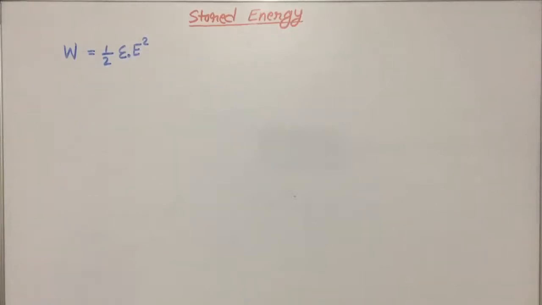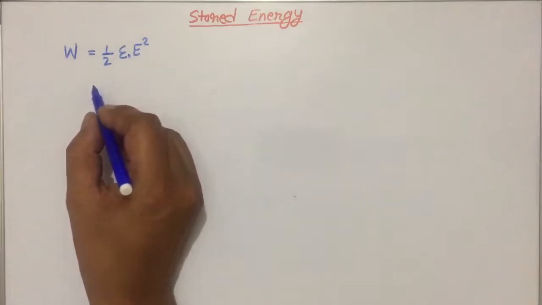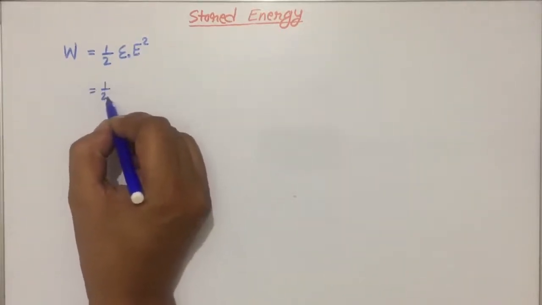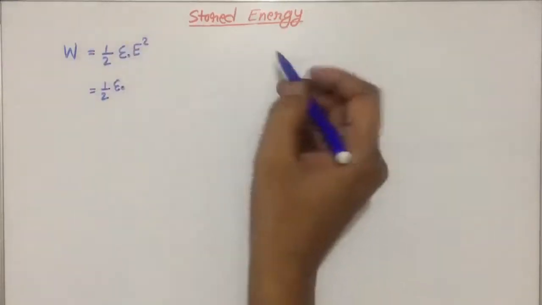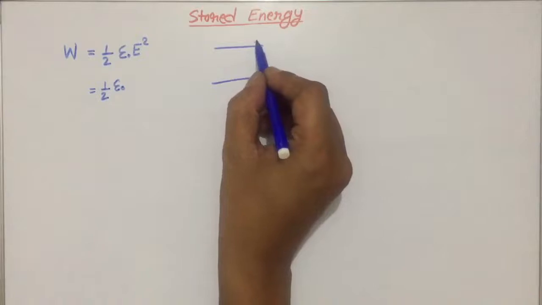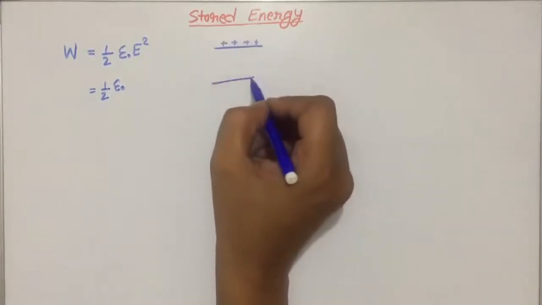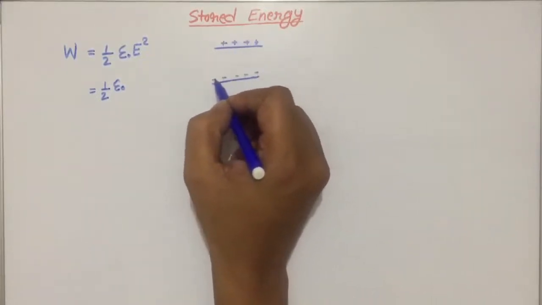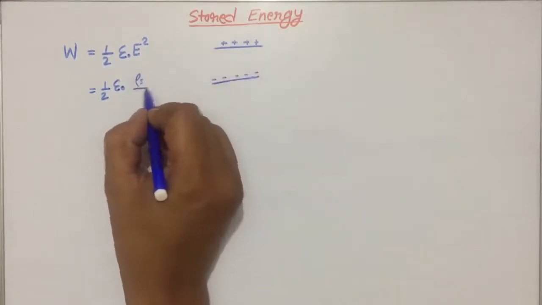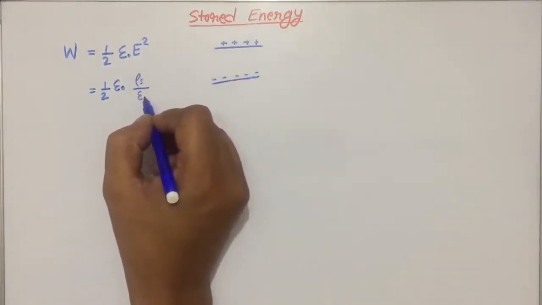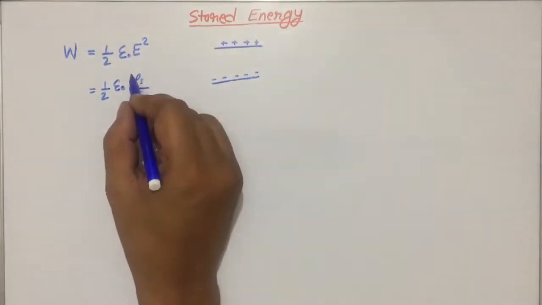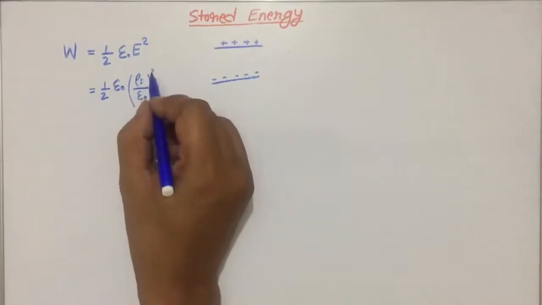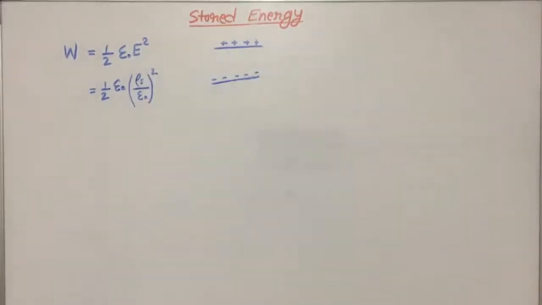This is the energy density, energy per unit volume, and it can be further written as half epsilon naught E square if it is a capacitor like this. In that case, we derived that E can be written as rho s by epsilon naught if the medium is air.